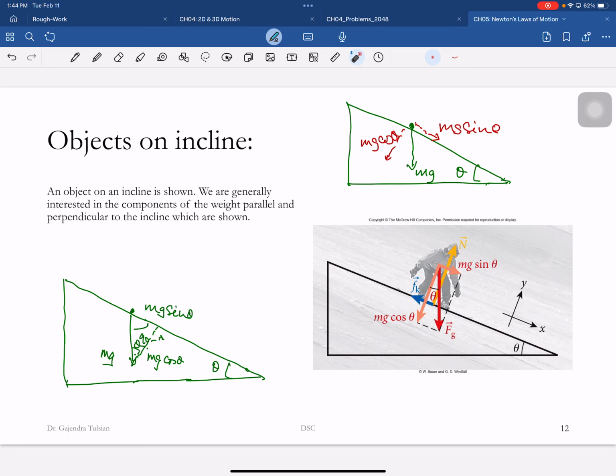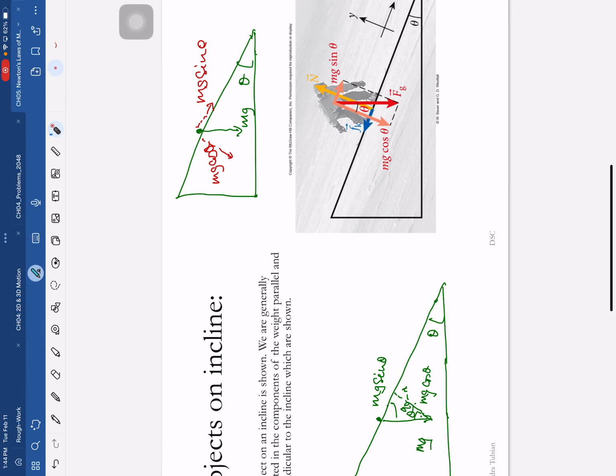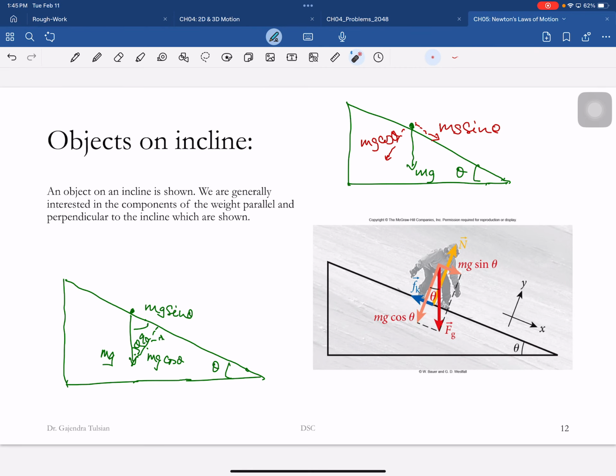Now, here's a trick to make sure that you understand it correctly. How do we check this? Okay, what if this theta is 90 degrees? So what if the slope is like that? What is the component of the force parallel to the slope? It's like free falling. It should be mg. And sine 90 is 1, so the force will be mg.